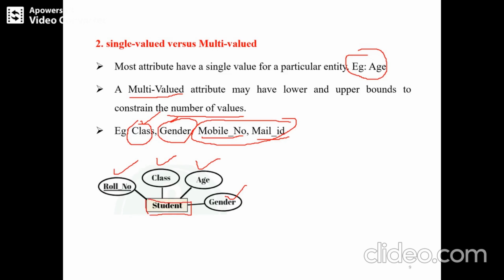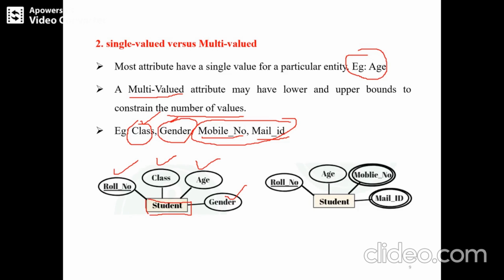This is an entity relationship example for single valued attributes. Then a multi-valued attribute will be represented by using a double oval symbol. You can see here roll number and age; these two are single valued attributes of the student entity type.